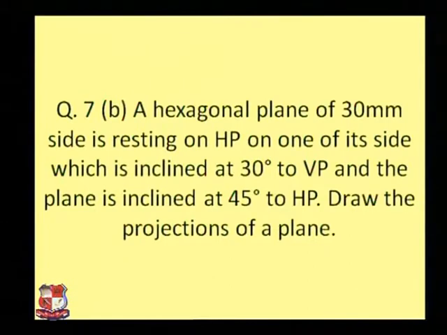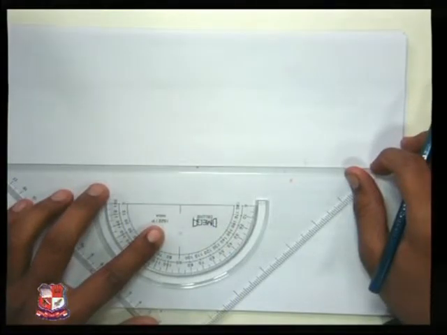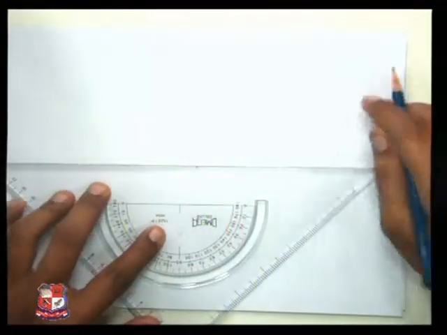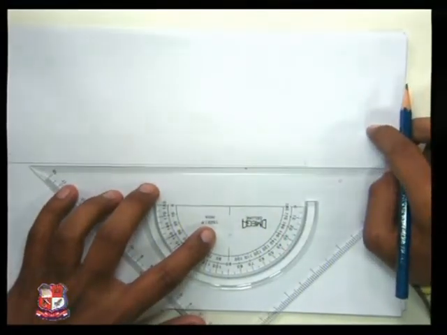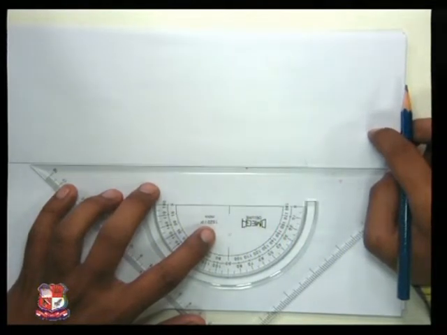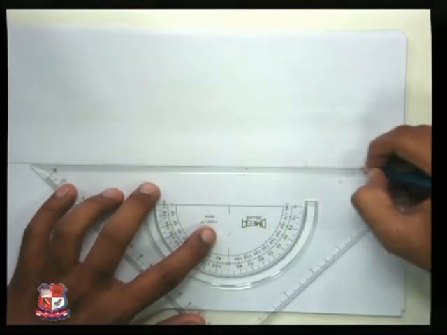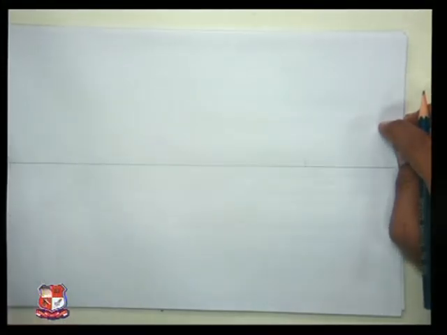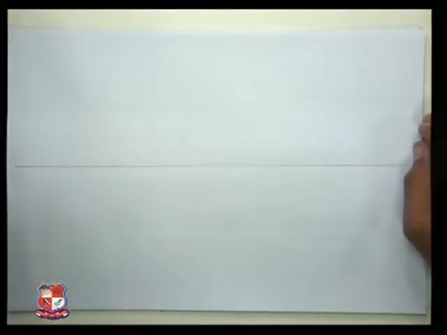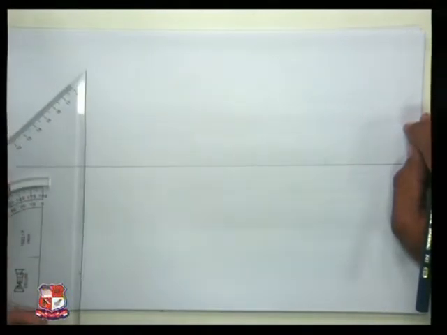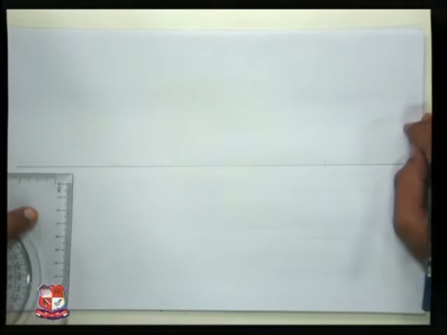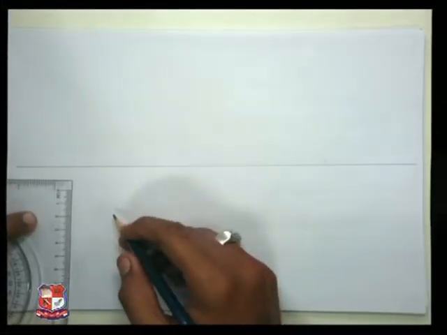First of all, as you all know, projection of plane would consist of three stages. In stage 1, we'll do the initial position. Initial position is a hexagon which is resting on HP.